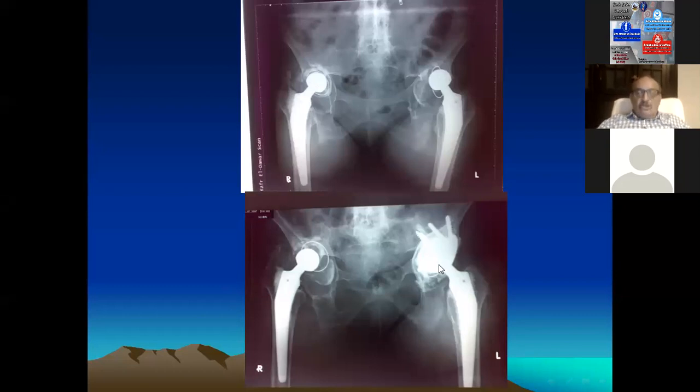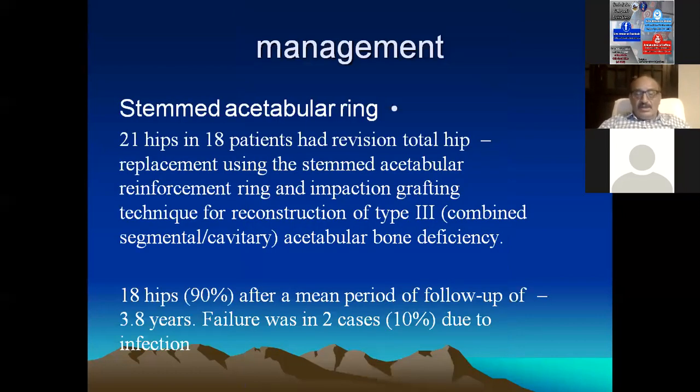It is not the best way to manage, and the long-term results of these rings are not very good. There is another way of acetabular reconstruction, which is called the stemmed acetabular ring, and actually this is part of my MSc thesis.